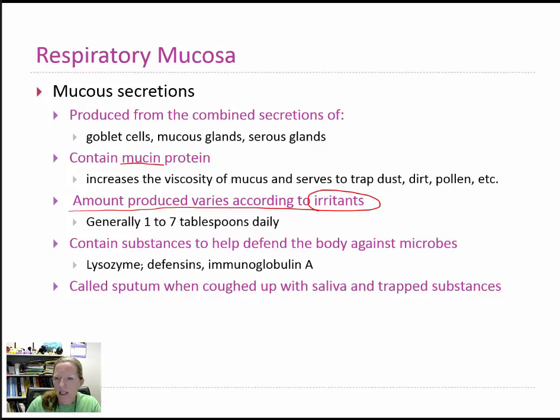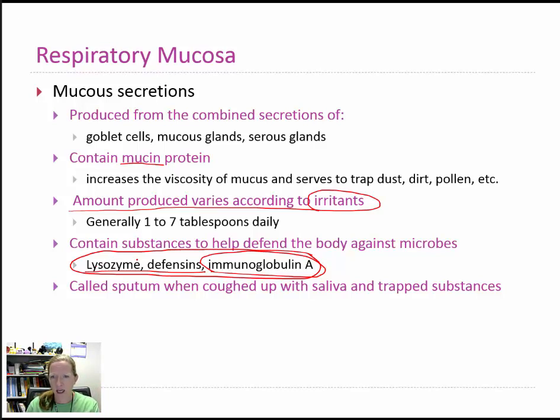But this is great because it's got lots of different substances that we talked about in the last chapter. Remember, we talked about these innate defenses that we had for that first line of defense. And look, here's an adaptive defense mechanism that we have: IgA. Remember, IgA is found in all of those external secretions. So it's found in semen, tears, saliva, and mucus here.